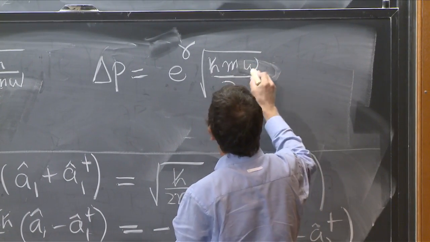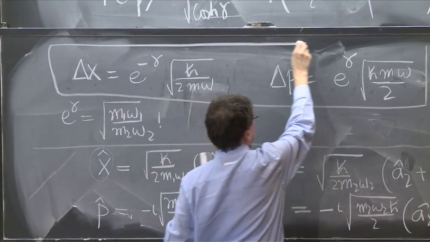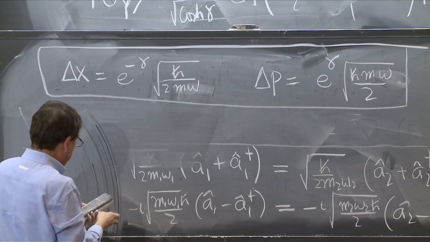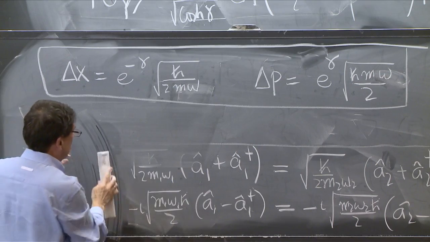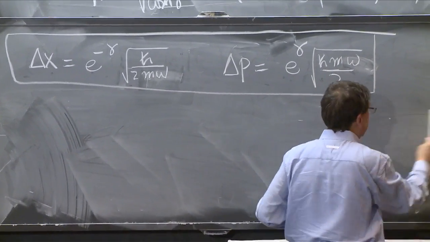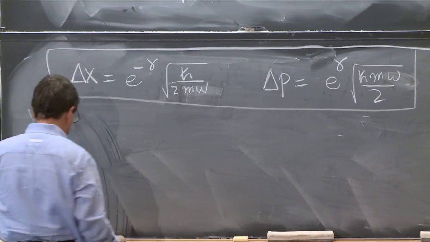You don't need to know what gamma is. That's a number that somebody chose for you. Any number that you want is gamma, and therefore you use it to squeeze the state. And that's what you've achieved.